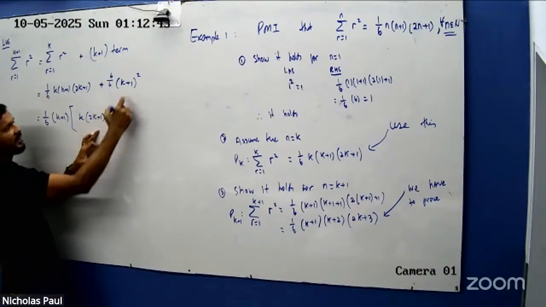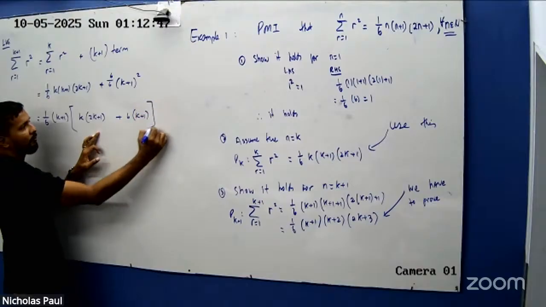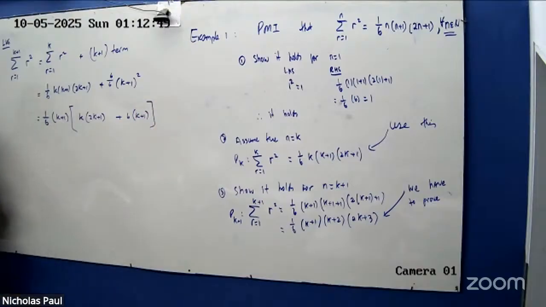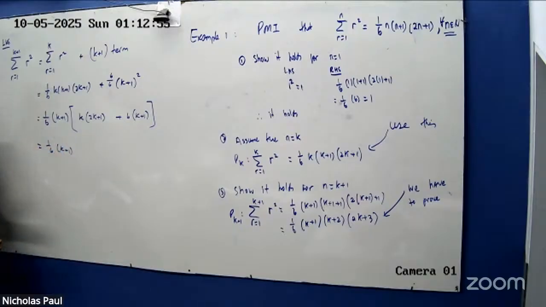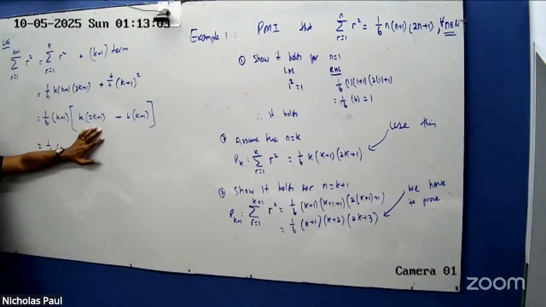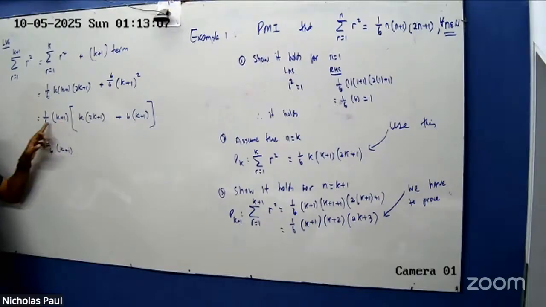What would I get here? 6 by k plus 1. So we get this in there. This is 1/6 k plus 1. Where did the trouble happen? It's the factorization. So I factor out k plus 1 and 1/6.